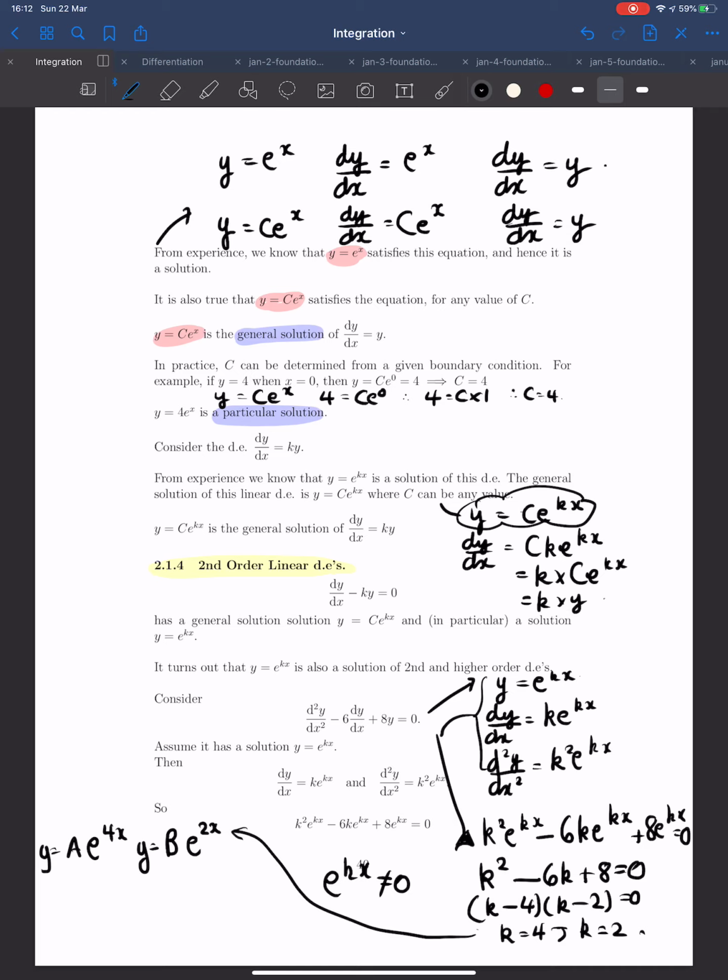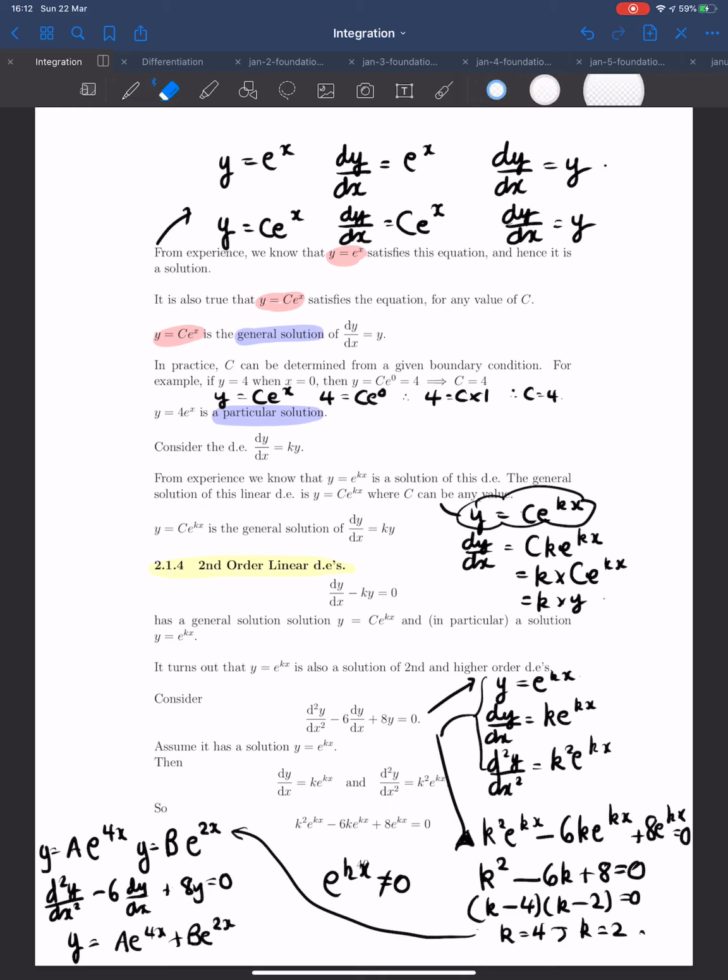General solution. So what we can actually say is, if d2y by dx squared minus 6 dy by dx plus 8y equals 0, then y is a e to the 4x plus b e to the 2x.